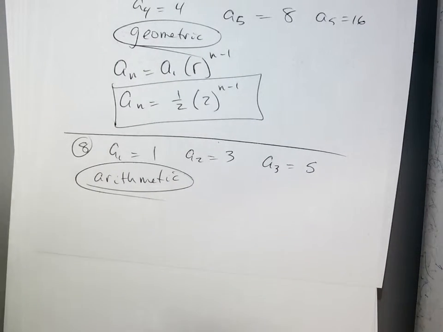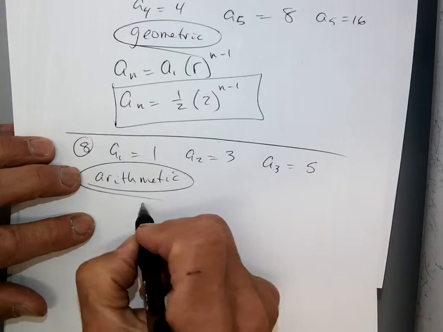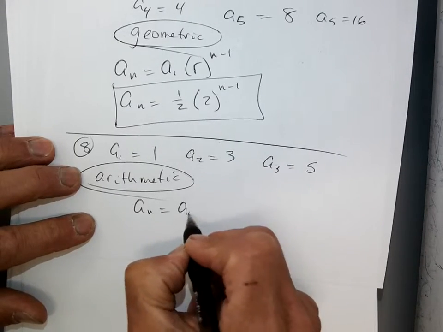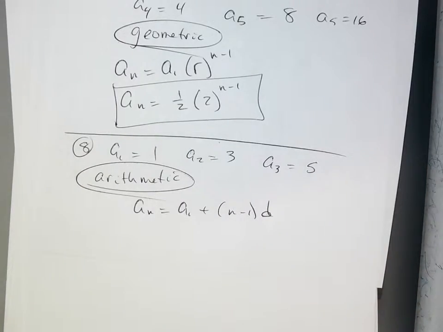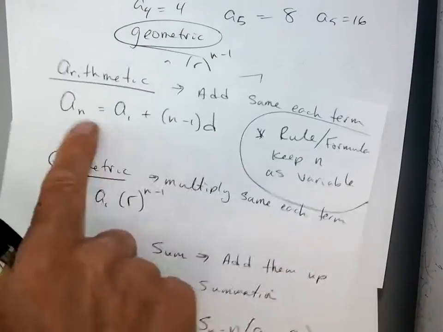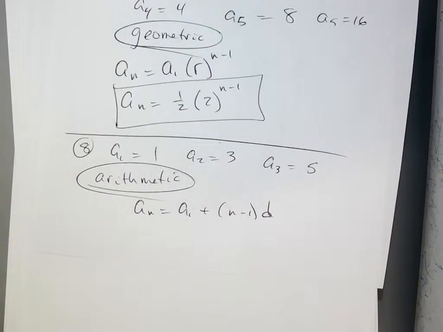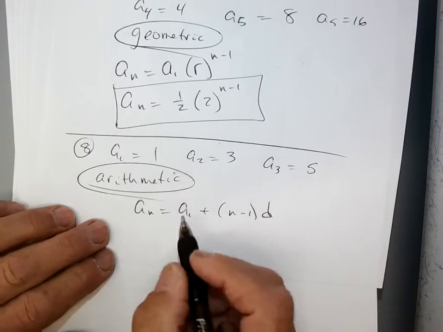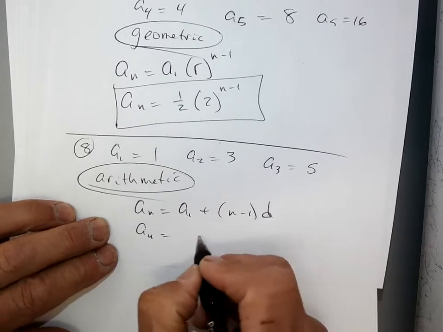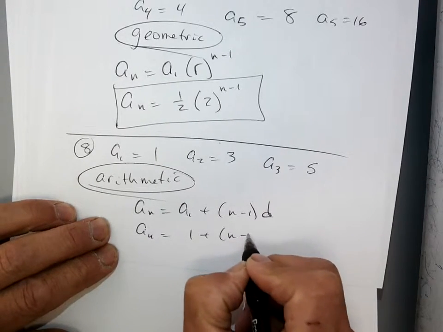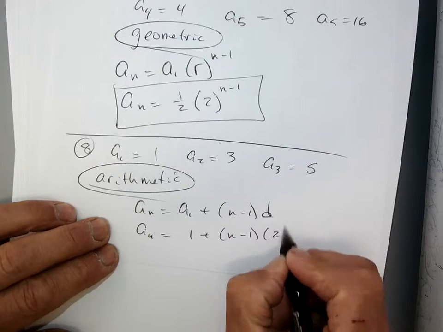So if it's arithmetic, let's find our formula. A of n equals A1 plus n minus 1 times d, because that's my arithmetic formula, right? Okay. Use my notes. So if we need a formula, keep n as a variable. A of n equals 1 plus n minus 1 times 2, right?